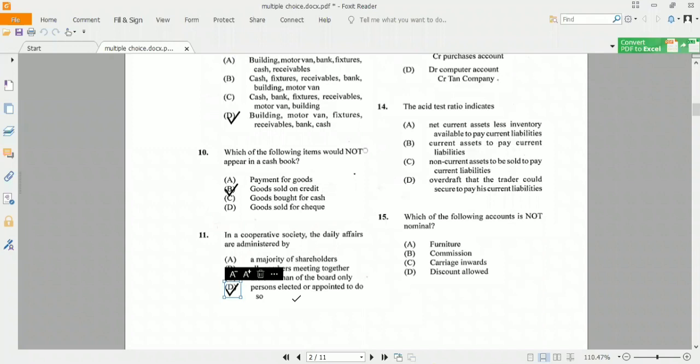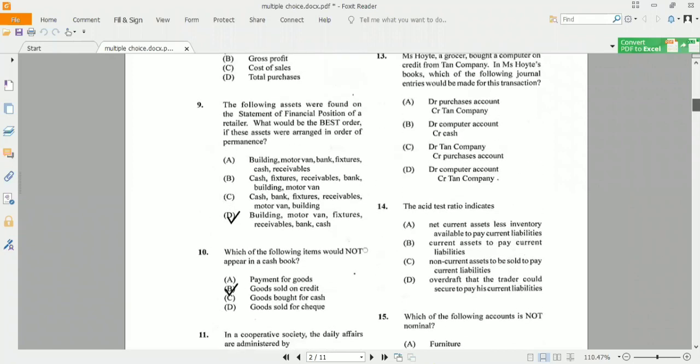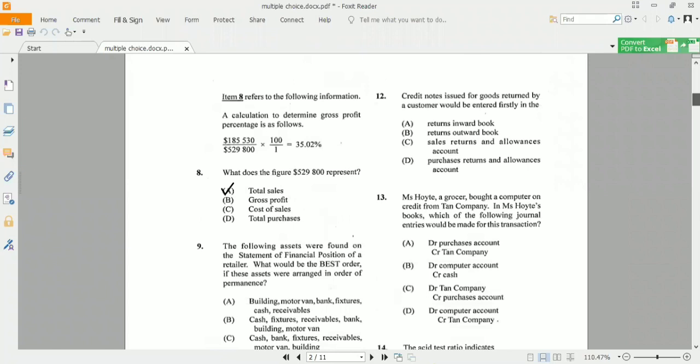And can you imagine your cooperative society has several persons that can be members, shareholders, right? So there would be chaos for you to have all your shareholders running the business. There must be someone or some persons that are elected to run the operations of the business, and your response is D. And we're going to move on to 12, credit note.